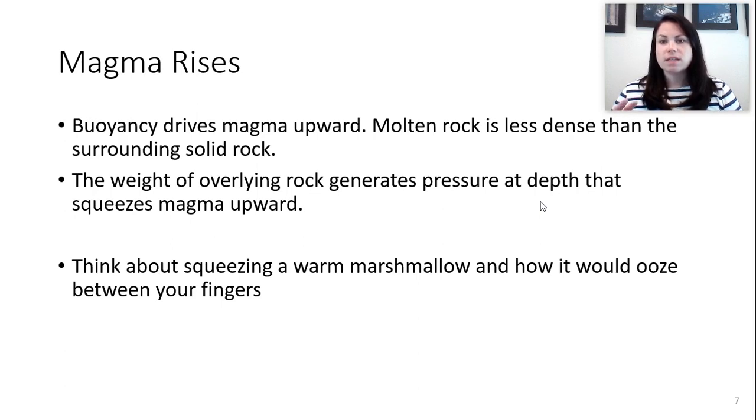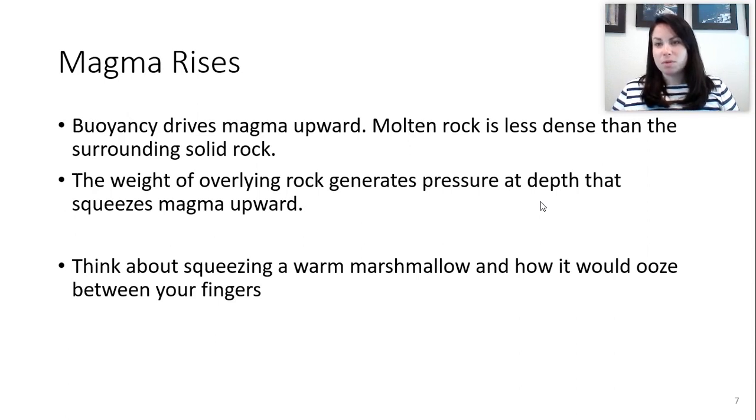The molten rock is less dense than the surrounding solid rock, and that is what drives the magma to create this cycle. Also, the weight of the overlying rock pushes downwards, and that can squeeze the magma upwards.